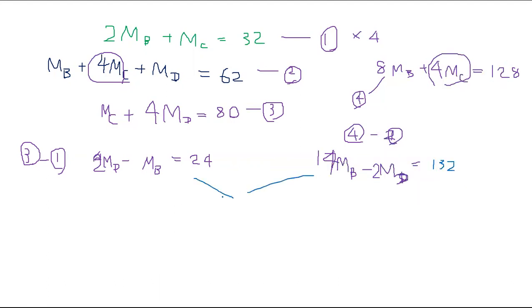So when you add these two together, 2MD will be cancelled, right? So you will remain with 13MB is equal to how much? No, you need to add these two, right? When you add these two, you will obtain 156, right?